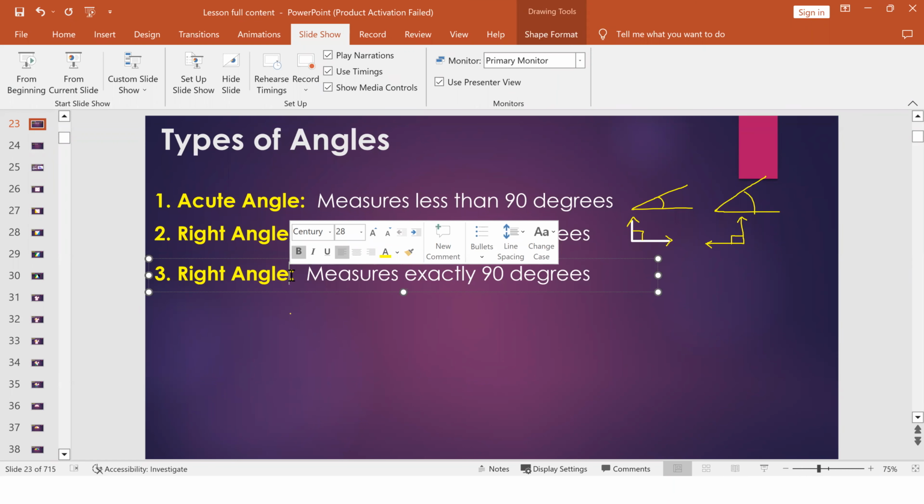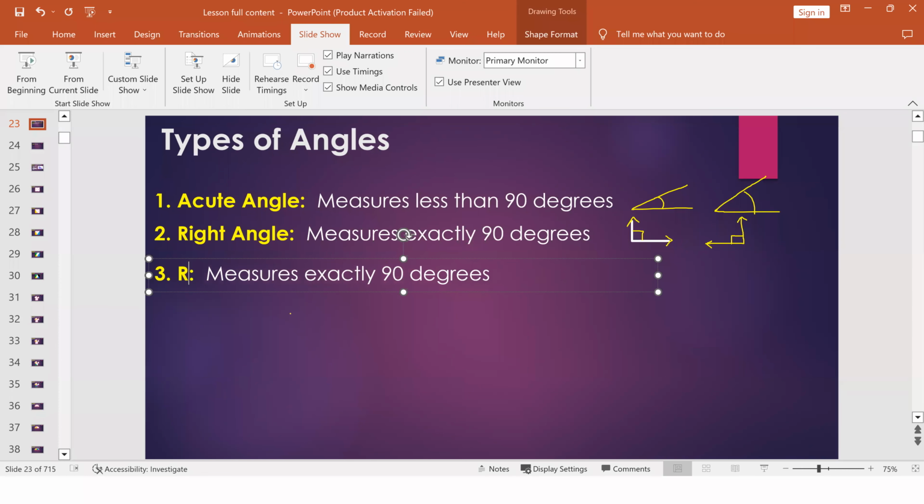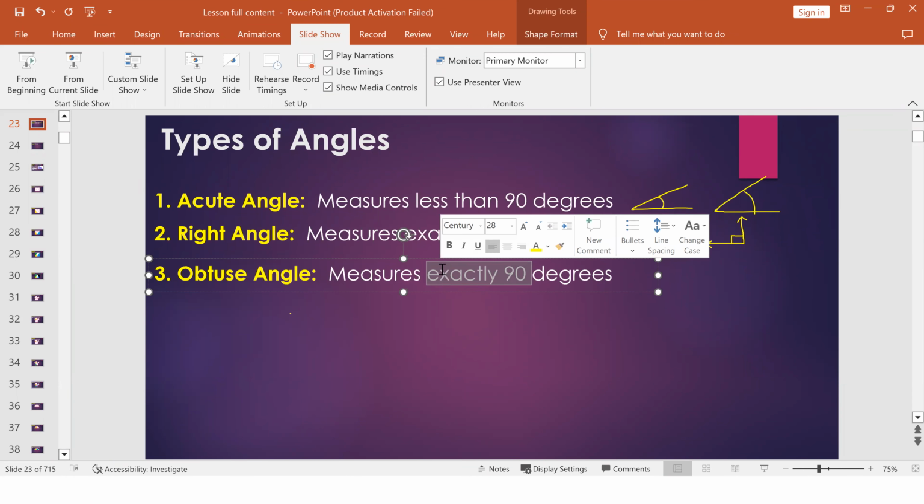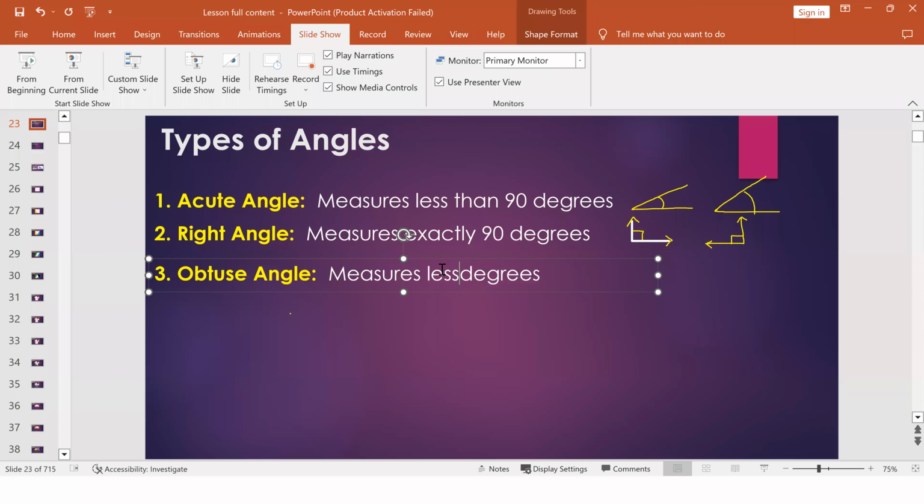Okay, so we have the obtuse angle. An obtuse angle measures what?